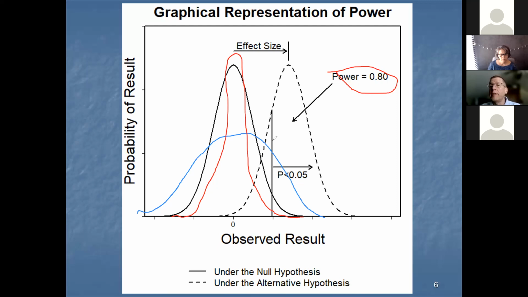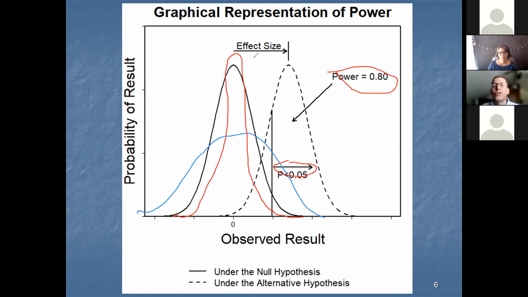The probability of rejecting the null. That means I am going to be to the right of this vertical line in the rejection region, assuming that the alternative applies. That means I am under this dotted or dashed line, and so I'm everywhere in this rejection region.